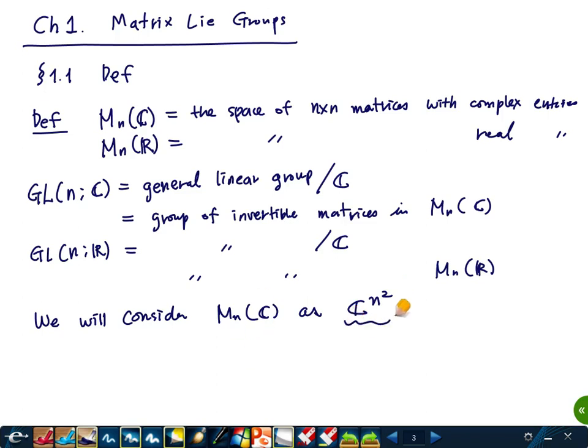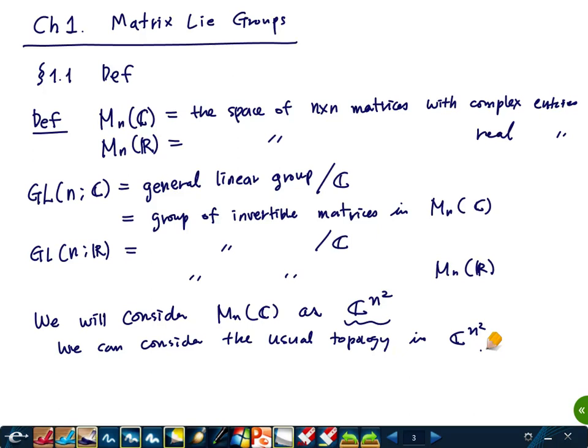When we have this, we can consider the usual topology here. So you can say that these two are close or they are far. Then we can talk about the distance, etc.